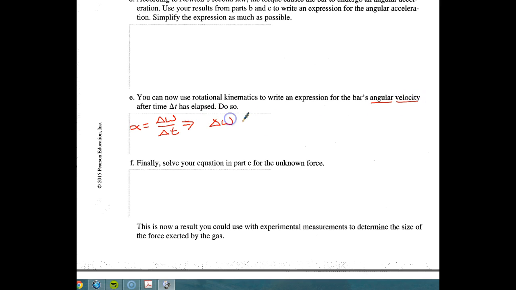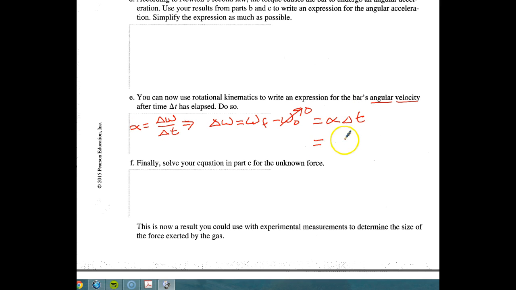So this is the change in the angular velocity, which is equal to the final angular velocity minus our original angular velocity, and we know that this is 0. And that's actually equal to alpha times the change in time. So all I did here is I solved this equation for the change in angular velocity, and that's just alpha times the change in time, which is what we have here.